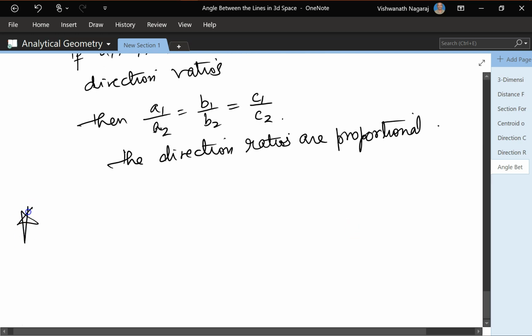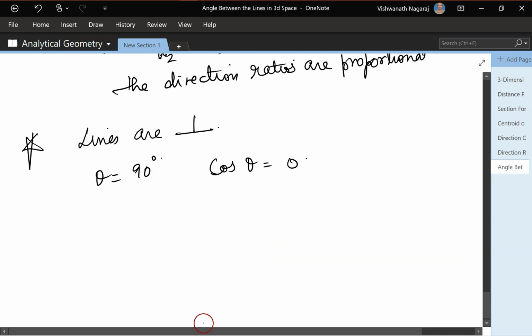Okay, now another very interesting case is when the lines are perpendicular to each other. Now what that means is that theta is equal to 90 degrees, which means cos theta is equal to 0. So which means that L1 L2 plus M1 M2 plus N1 N2 is equal to 0, because cos theta is equal to this.